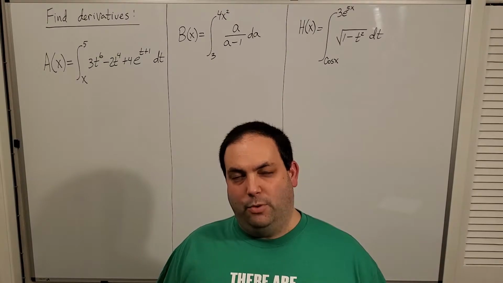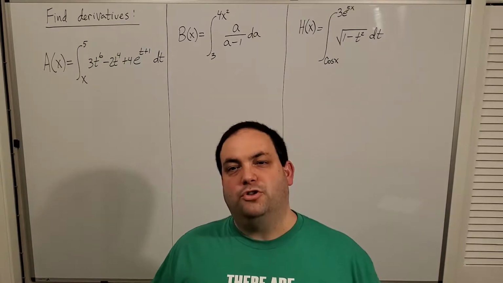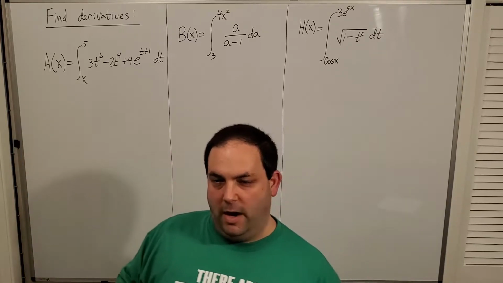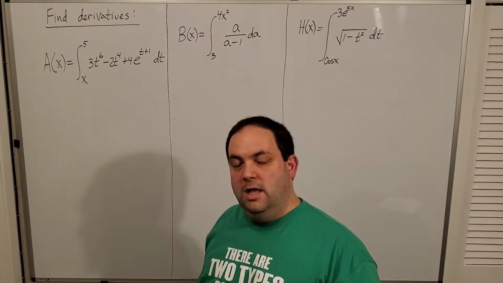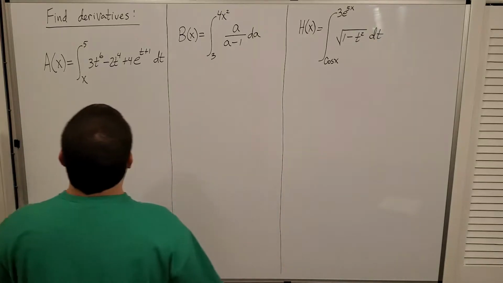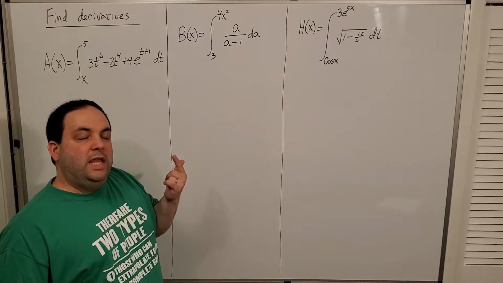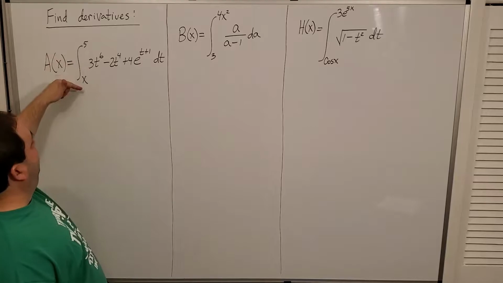First round of examples. Let's do some of the part 2 integral function, finding the derivatives of those functions, right? So I've got 3 integral functions here. Now let's find the derivatives of each one. Remember, we needed to have x as the upper bound in our formula for this thing, and it's backwards here.